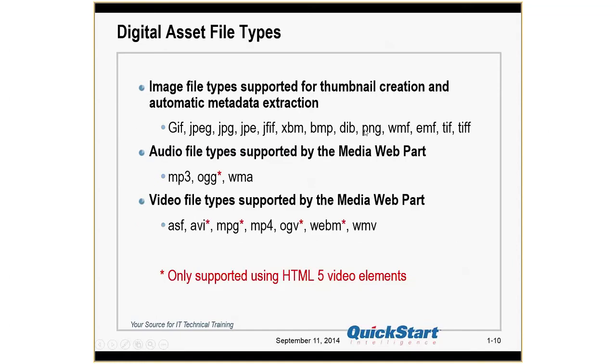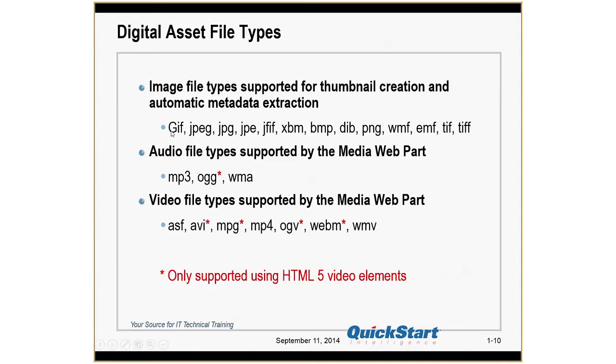All right, now digital asset file types. These are the file types that are going to give you the most support, or SharePoint has the most support for. If you have file types of other types, you'll either want to convert them to these, or that's the scenario where you might still want to get a third-party video storage or streaming server.